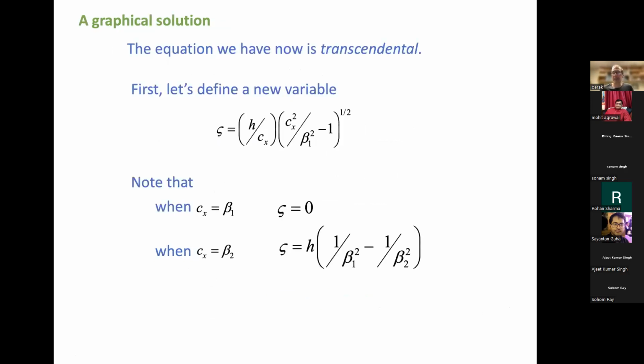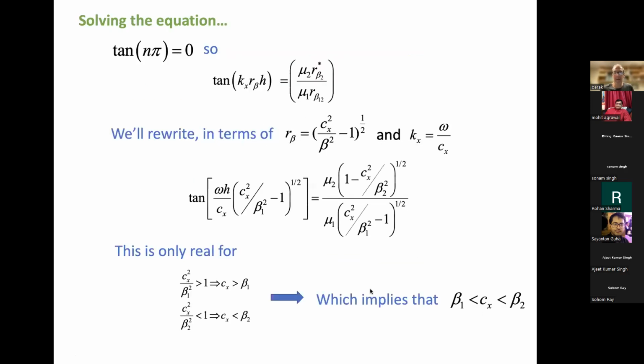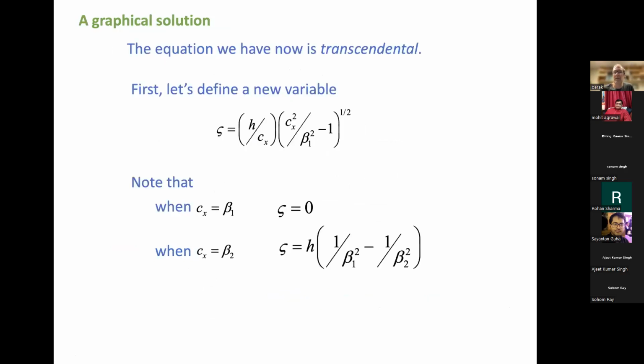All right, so now we have a transcendental equation, right? We have a tangent on the left side and a formula on the right side. So to evaluate this equation, we will define a new variable. I think this is a zeta.